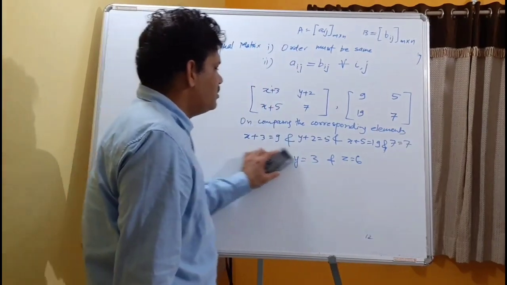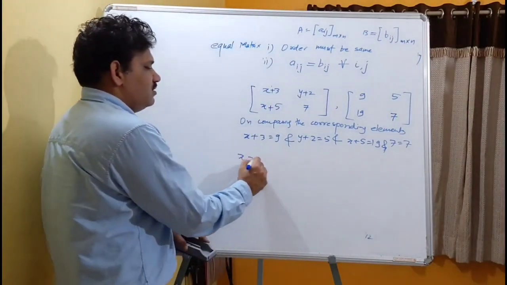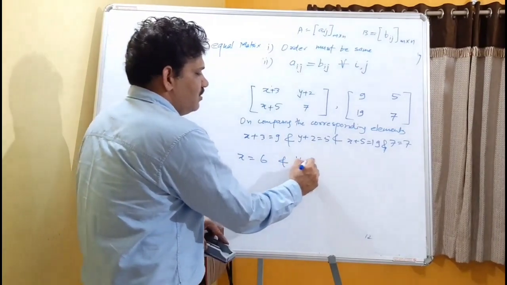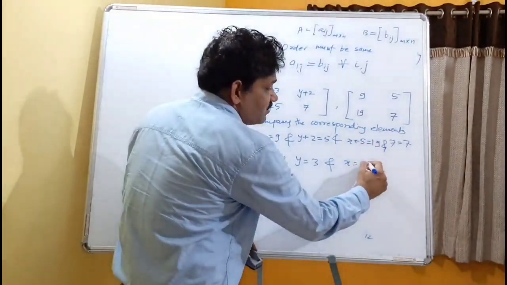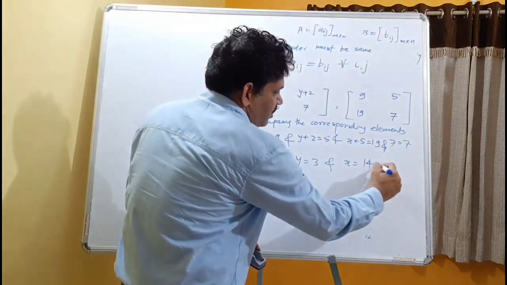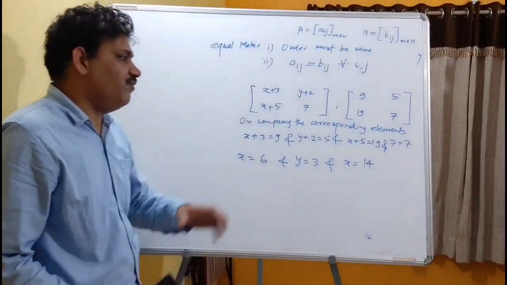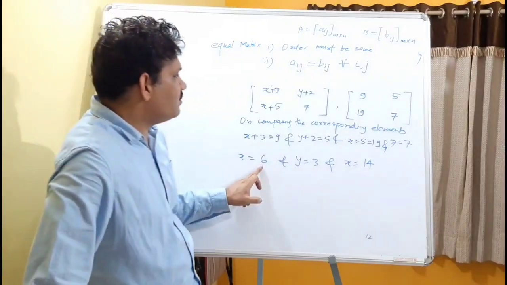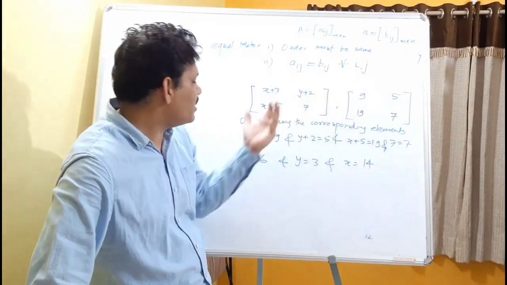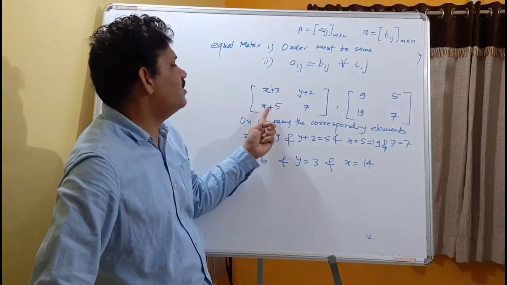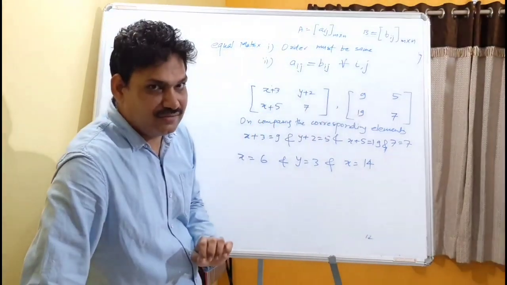Well, this gives me x is equal to 6 and y is equal to 3, and x is equal to 19 minus 5, that is 14, and 7 is equal to 7. Right. If I take x is equal to 6, then these two elements will be equal, but then x plus 5 will become 11, that is not equal to 19.